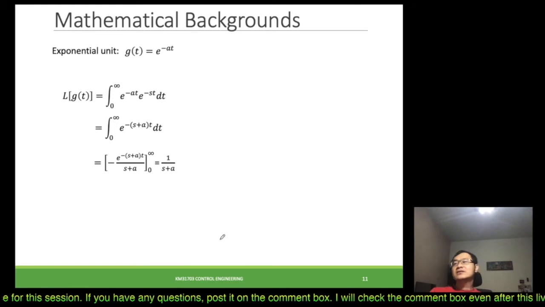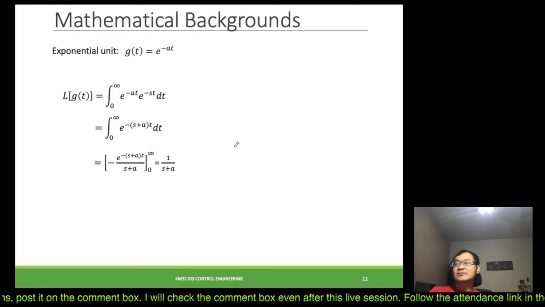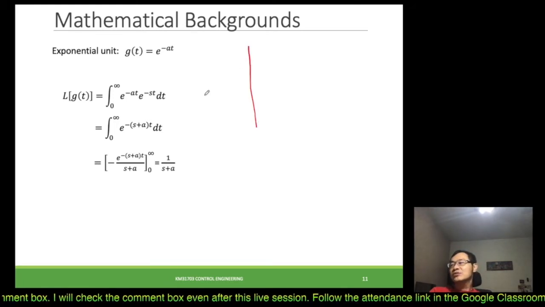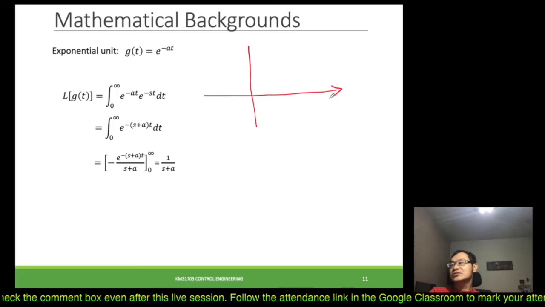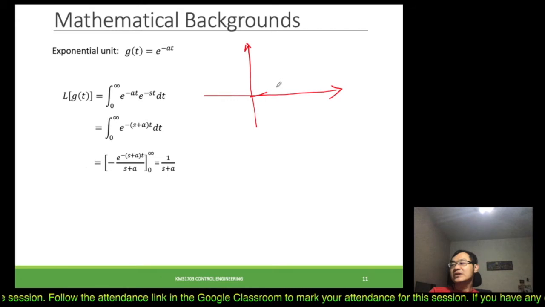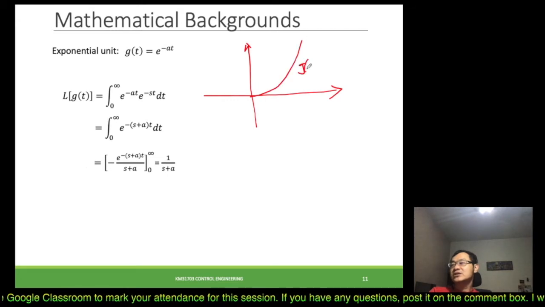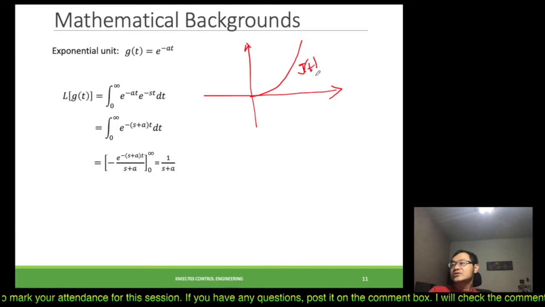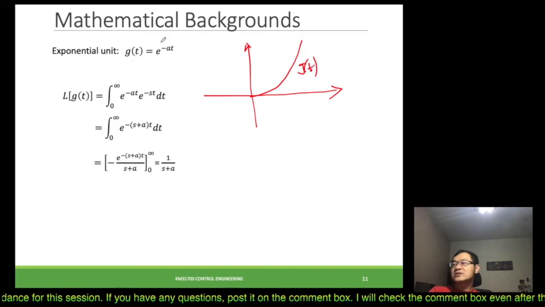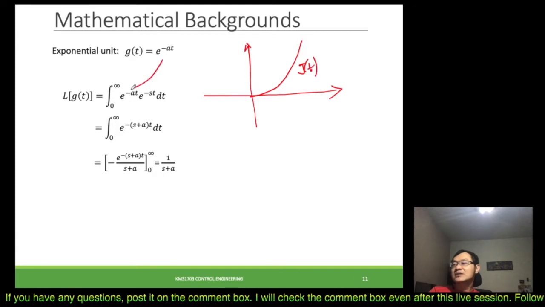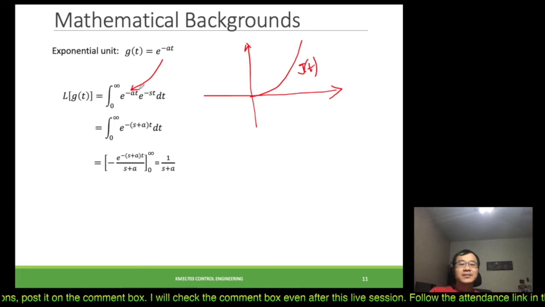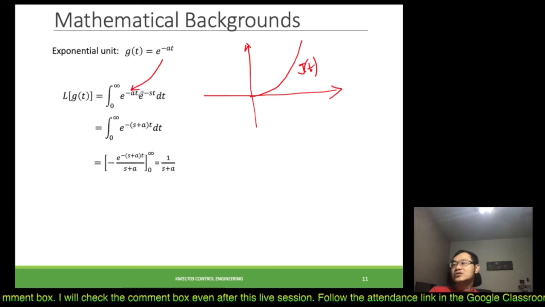Then another important response that we would want to describe by transforming into Laplace is the exponential response. So let's say this is our response g(t), exponential. Just replace this into our Laplace transform, okay?